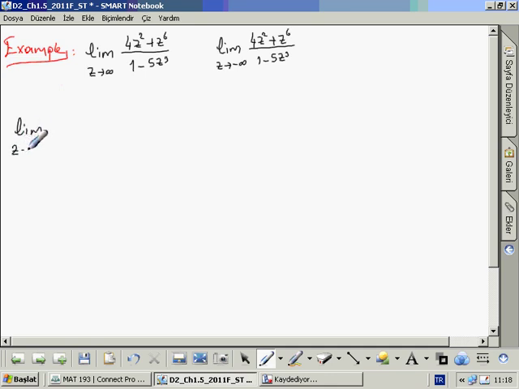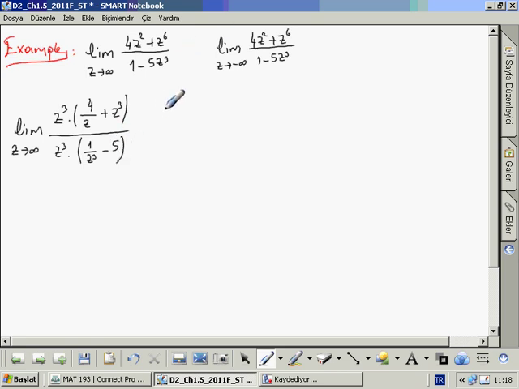the limit as z goes to infinity of z cubed times 4 over z plus z cubed, over z cubed times 1 over z cubed minus 5.